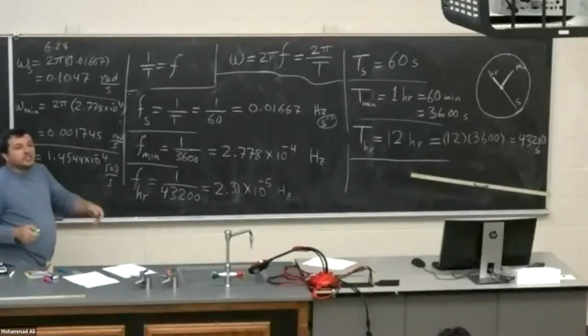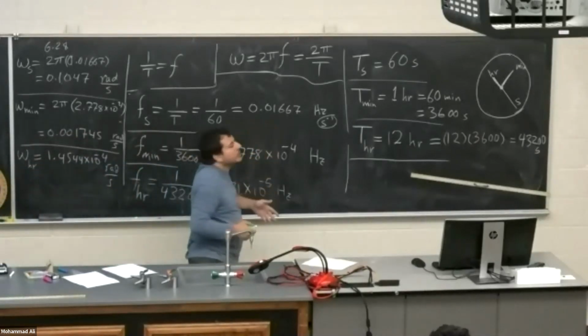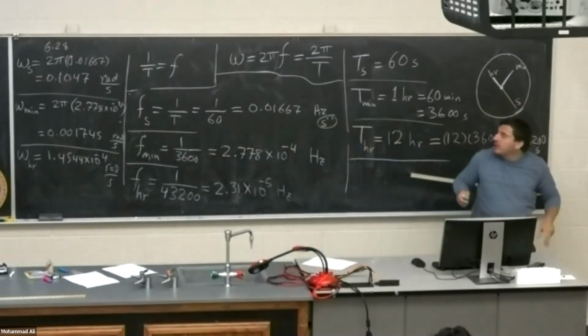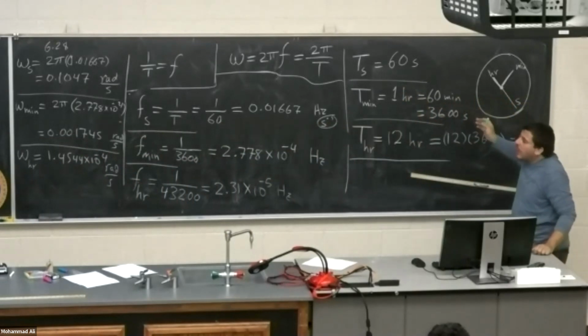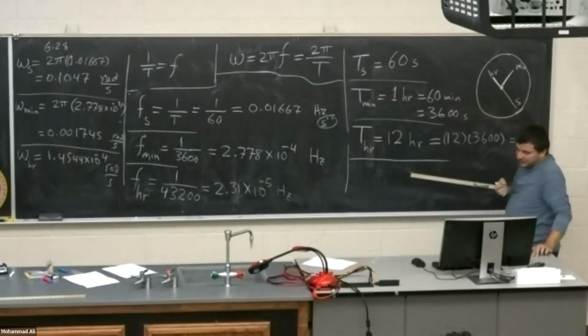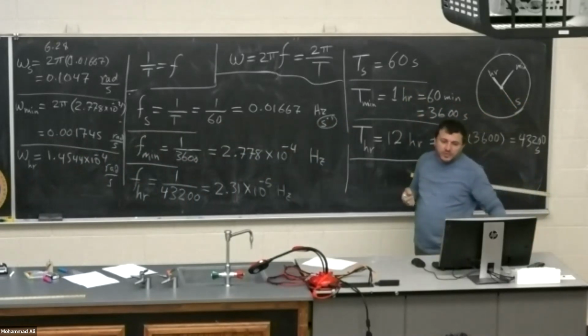So I just gave you the system. All of us know about this system. We know the time period for this system. After that, we compute everything. Any question about this?